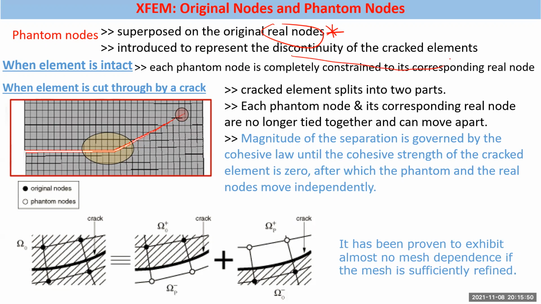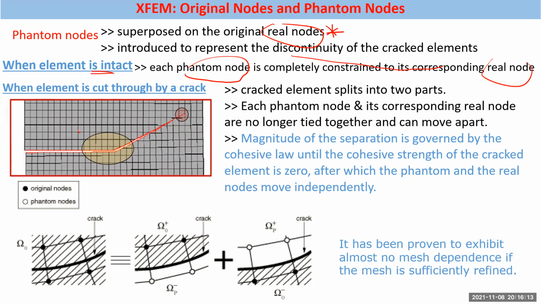When elements are intact, when there is no crack going through the element, the phantom node is completely restrained to its real node. So each of these nodes has one phantom node and one real node overlapped at the same location, if the element is intact.